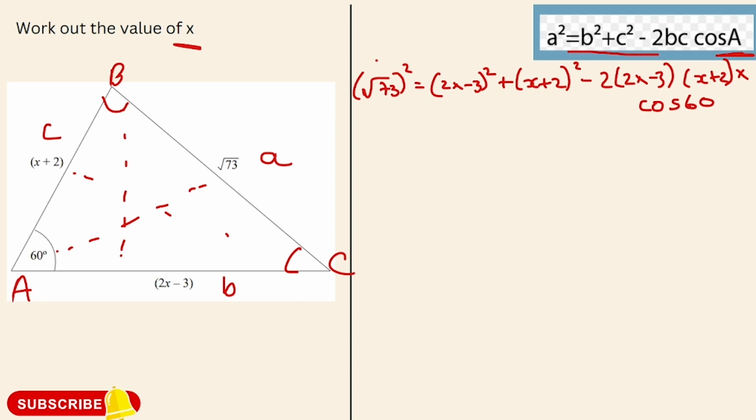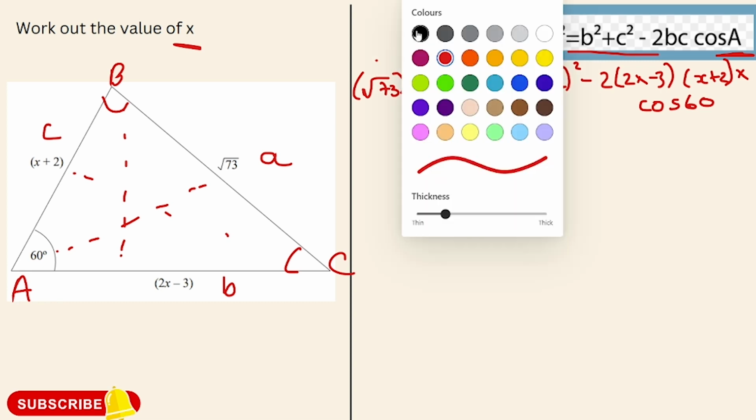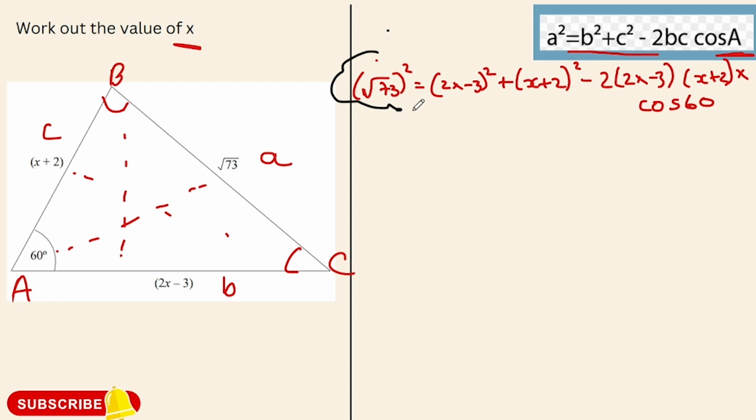Okay, so what I have to do is I need to work this out over here. Okay, just going to quickly highlight all of that or put a bubble around it.